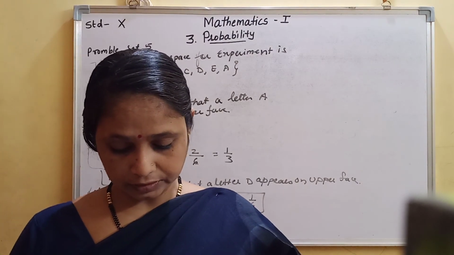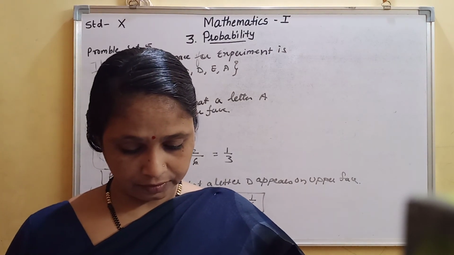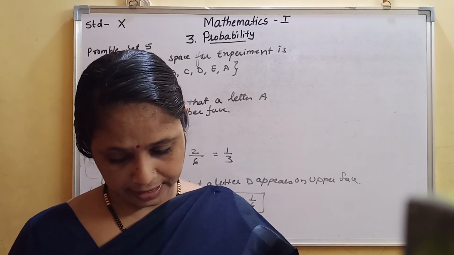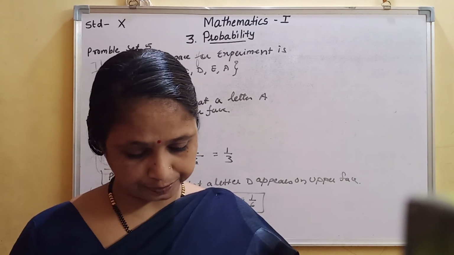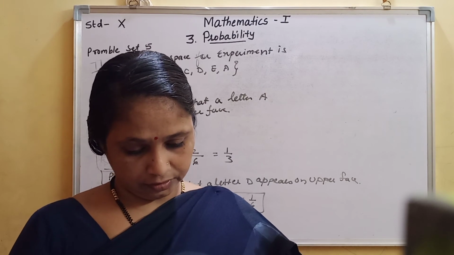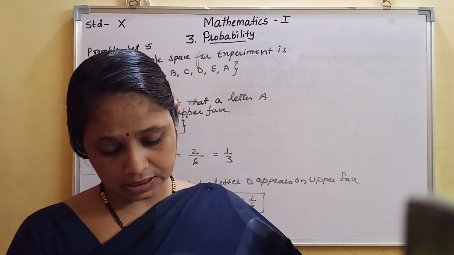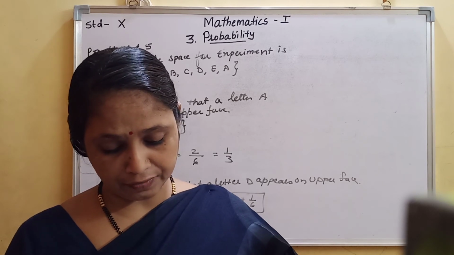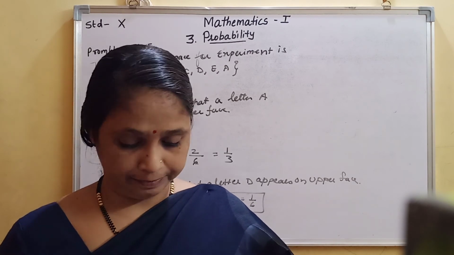Now we'll see the 8th example. The 8th example is: a box contains 30 tickets bearing only one number from 1 to 30.